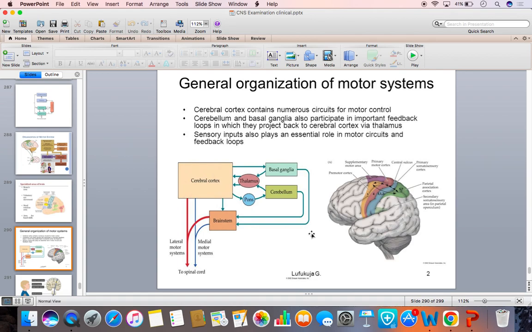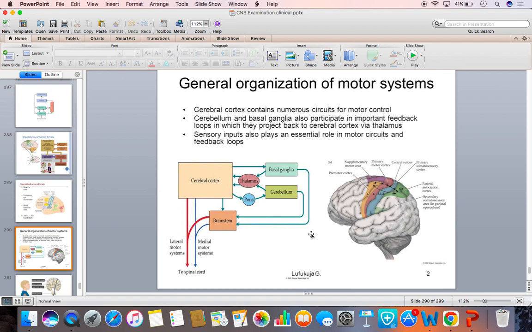So, the general organization of the motor system. This picture again shows the complexity of the motor circuits. Cerebral cortex contains numerous circuits to perform the motor control act. We carry out the motor act so smoothly, well coordinated. It is not brought out simply by the centers in the cerebral cortex.